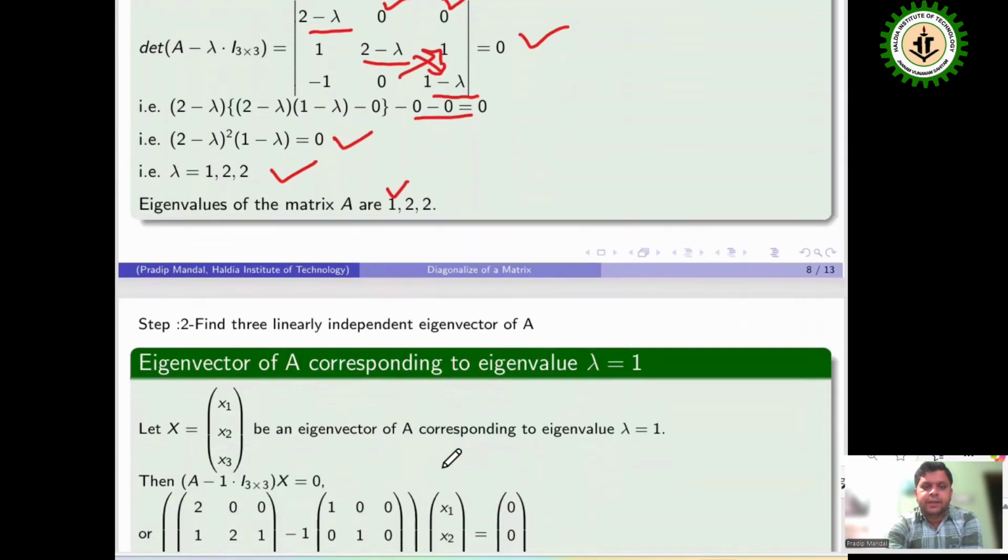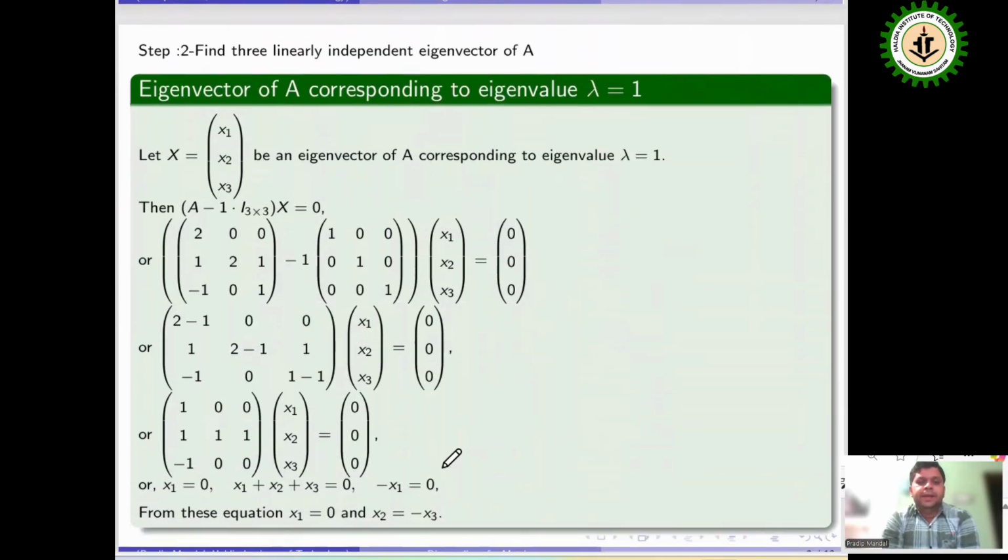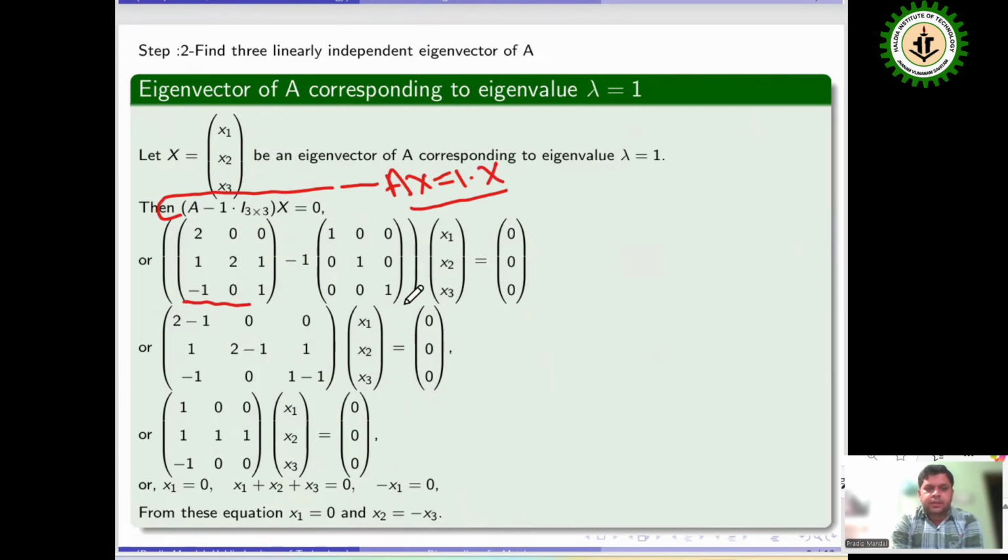Next, we calculate the eigenvector corresponding to eigenvalue lambda equals 1. Let x = (x1, x2, x3) be an eigenvector of A corresponding to eigenvalue lambda equals 1. Same condition, Ax equals 1 times x. From this we get (A minus 1 times I3) x equals 0. Now put in the value of A and minus 1 times the identity matrix of order 3, times (x1, x2, x3), equals (0, 0, 0).